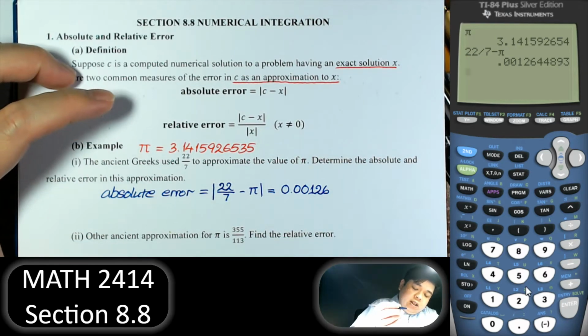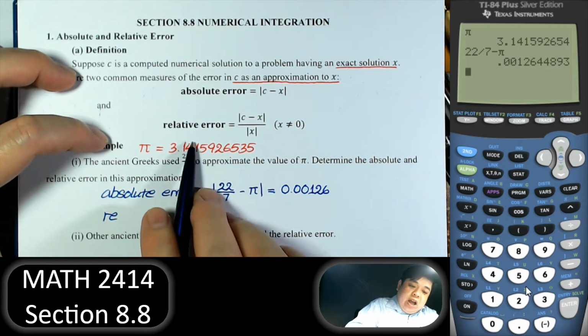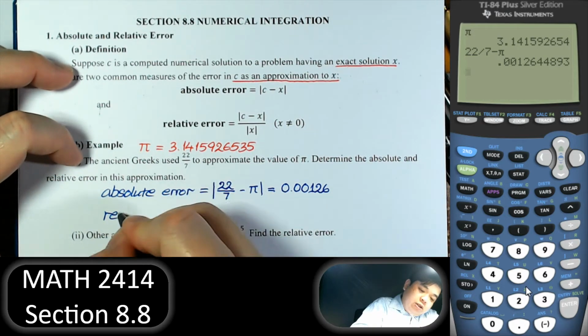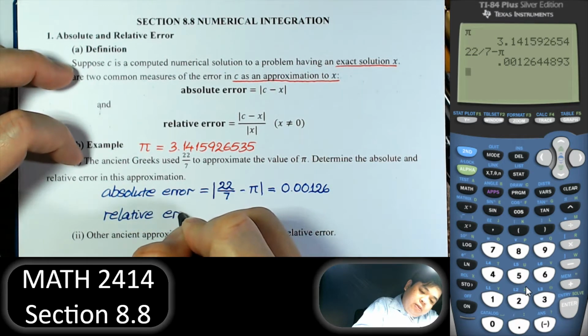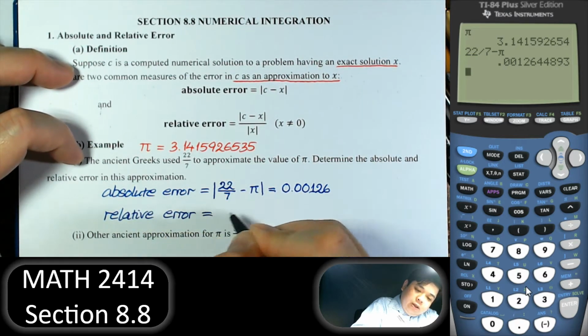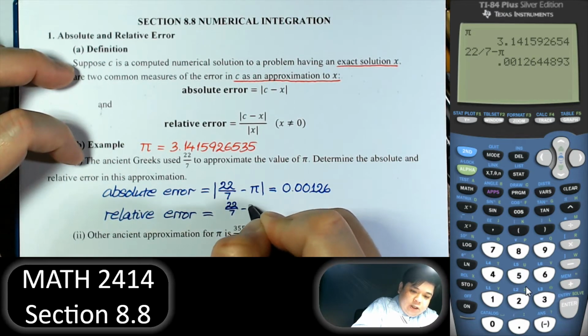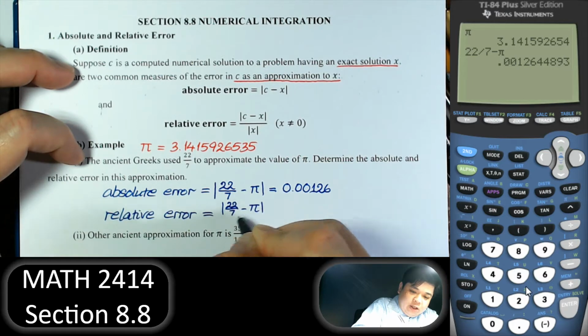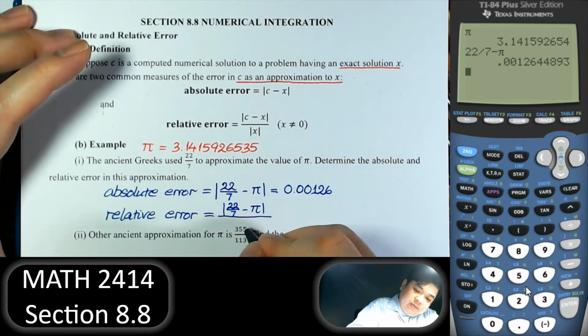Next, the relative error, relative to the actual value of pi. We're going to take the approximation, subtract the actual value, and divide by the actual, or the exact solution.